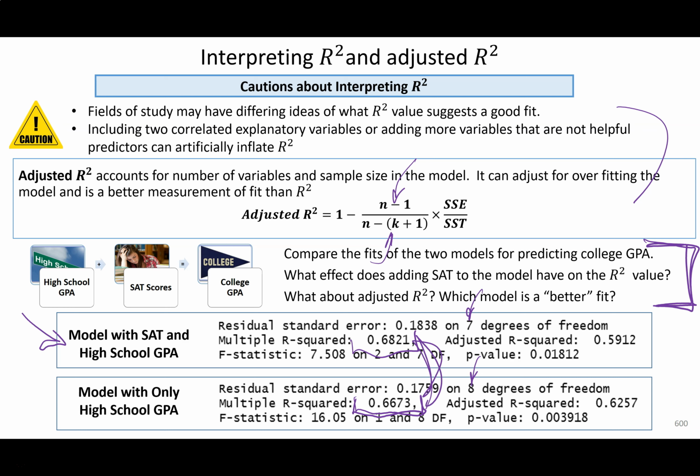There's not a huge difference here adding SAT in there. Adding SAT does not explain a whole lot more, which is probably why we'd say, you know what, maybe it might be better to go with only using high school GPA. One consideration too is high school GPA is also very related to the SAT score. Absolutely.